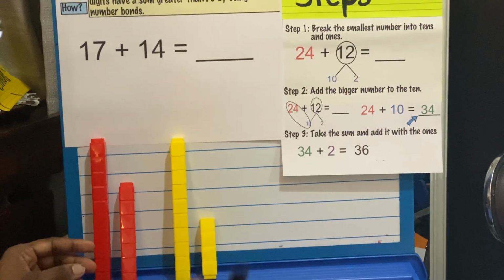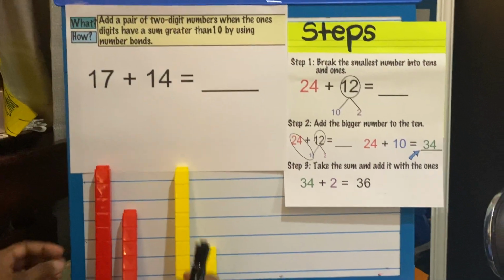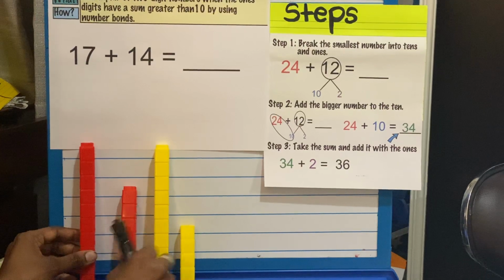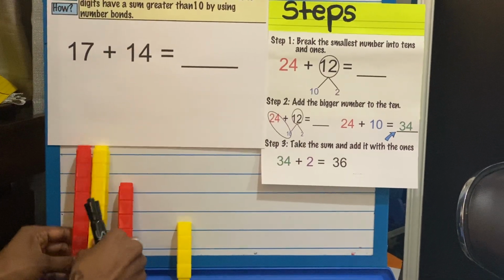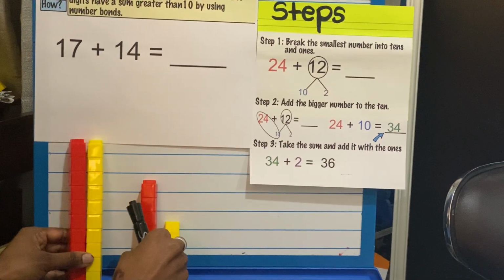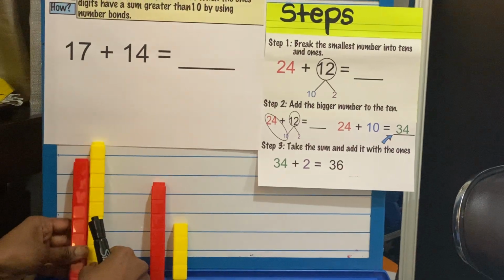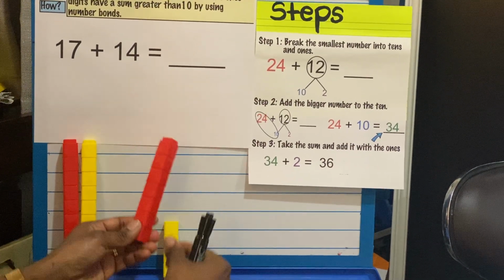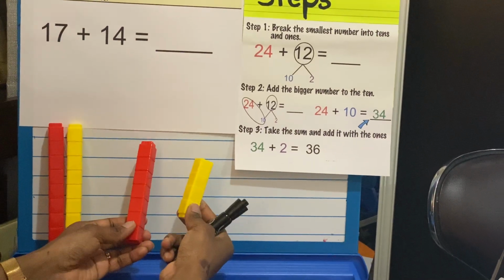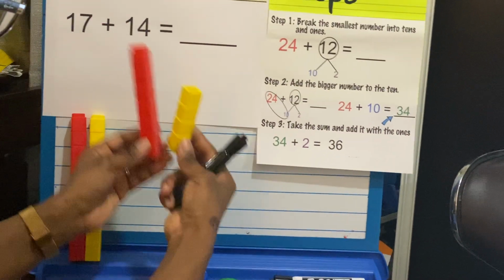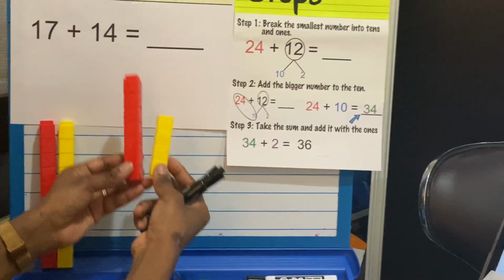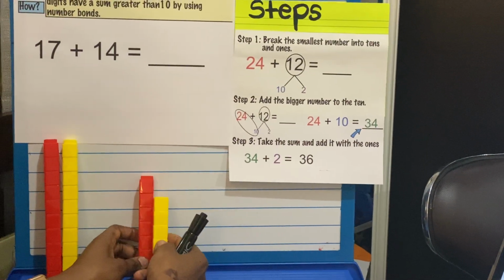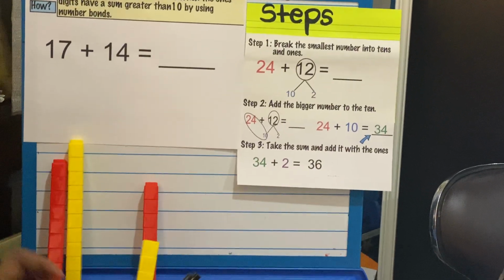I just want to show you how we can combine them. So we're going to combine the 10s, right? So now I have 2 tens. And then in here I have 7 ones and 4 ones. 7 ones and 4 ones gives me 11 ones. But I can make a 10.